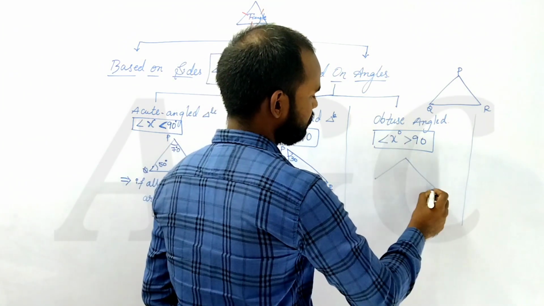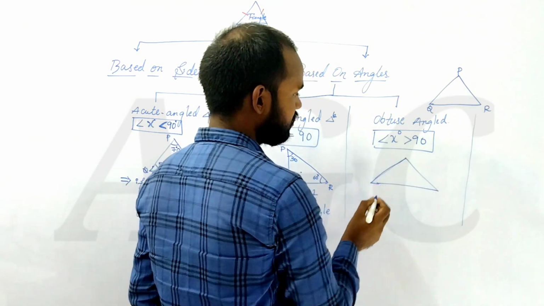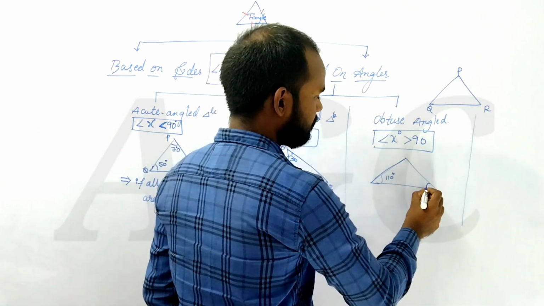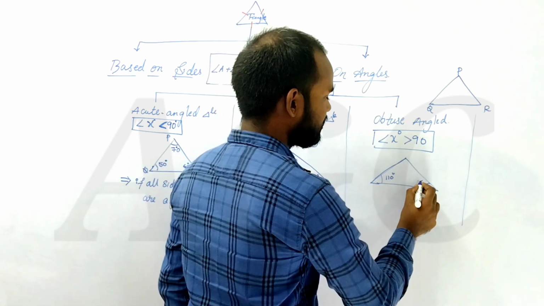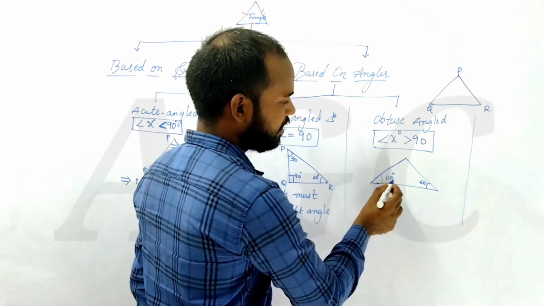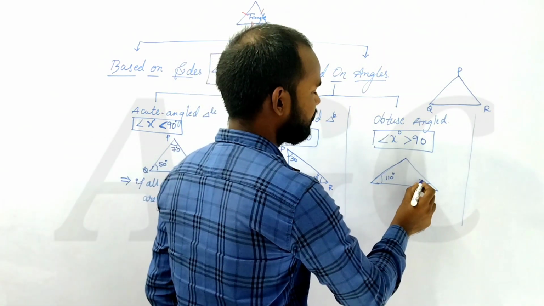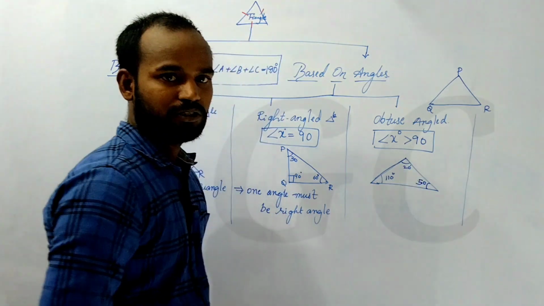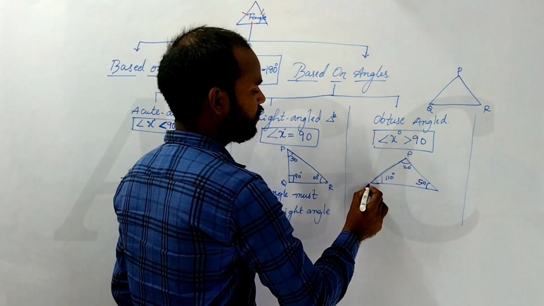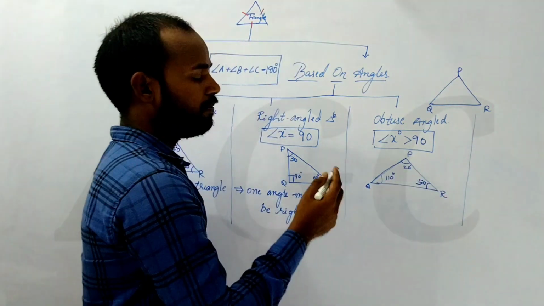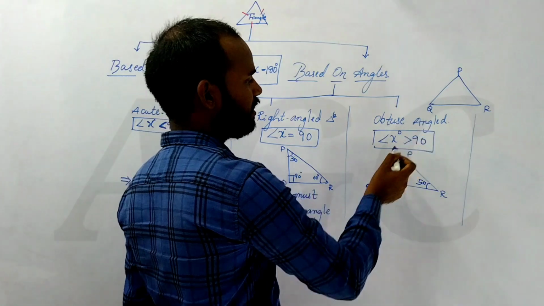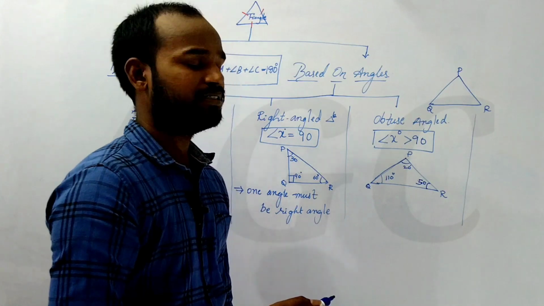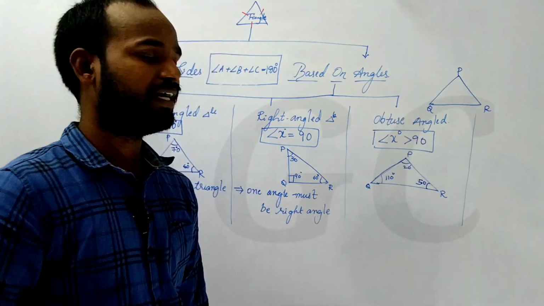See now, I am taking this as 110, this as 50, so this is 20. Same triangle PQR. So an obtuse angled triangle is nothing but if one of the angles is obtuse, then that triangle is said to be an obtuse angled triangle.